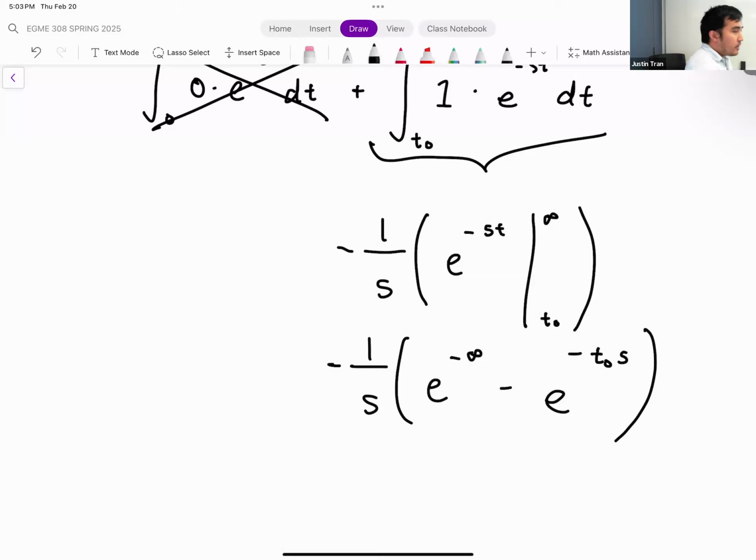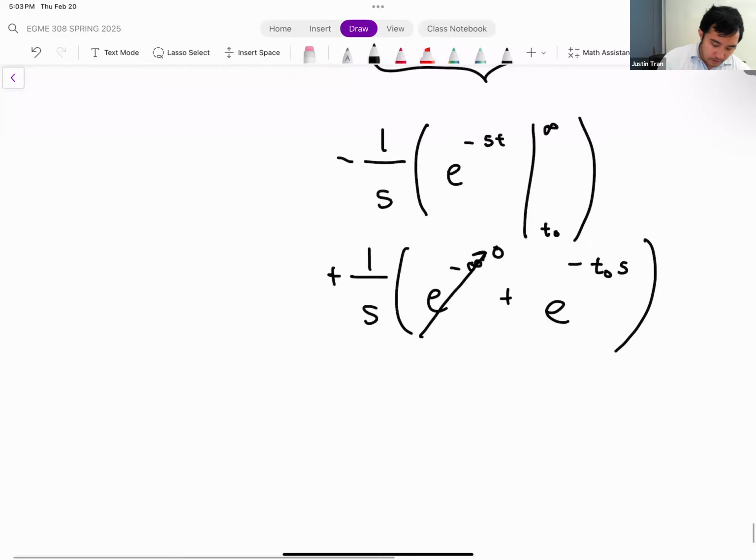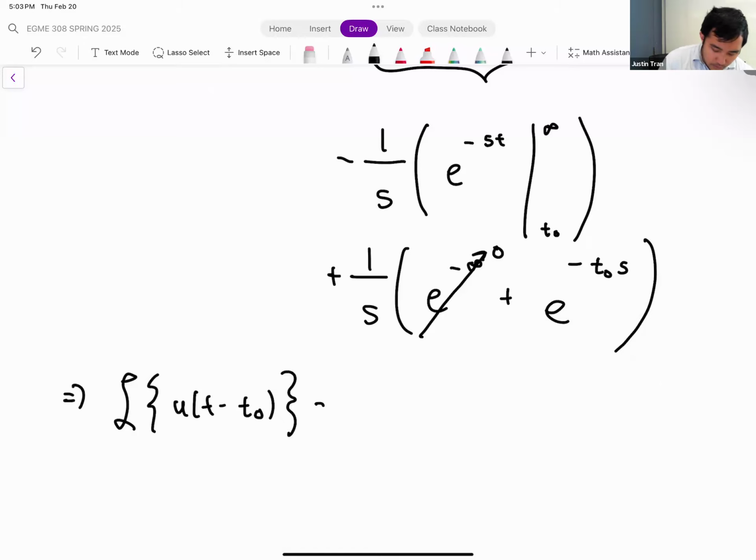So e to the minus infinity asymptotes to 0, so we can just assume that goes away. T naught is just a constant, so we just leave it there. But we do have these 2 negatives cancel out. And so we get that the Laplace transform of u of t minus t naught is equal to e to the minus t naught times s divided by s.